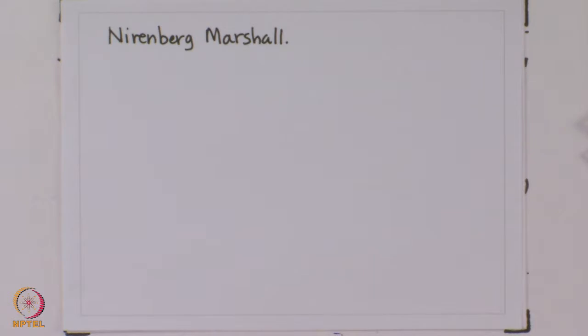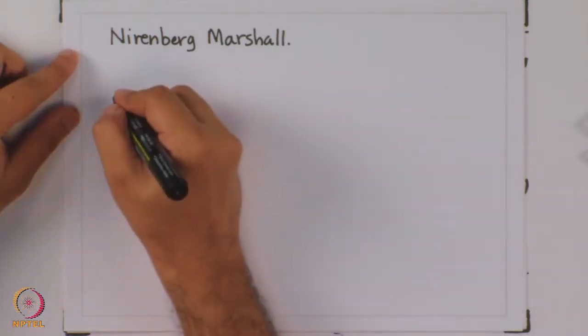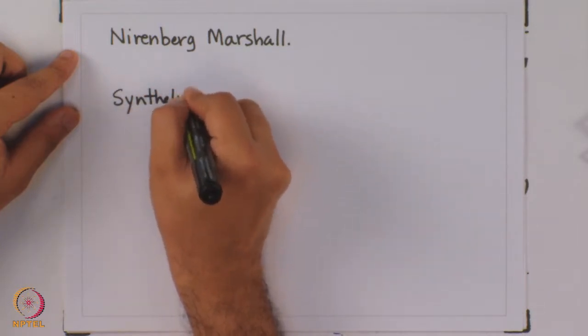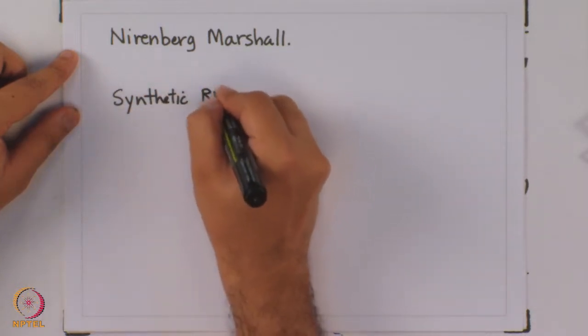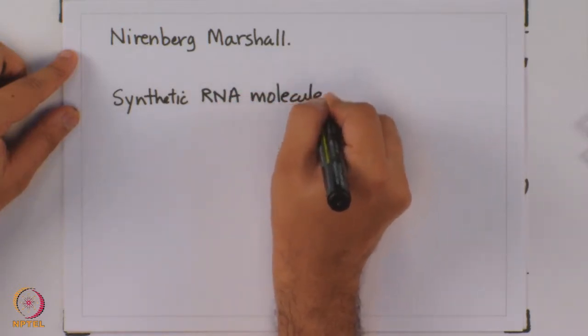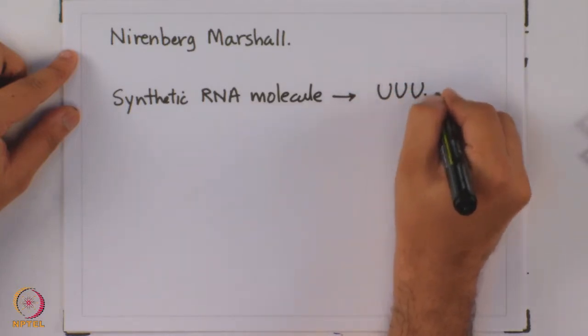And the story goes that there was a biochemical conference in 1961 in Moscow, and Marshall had done a synthetic experiment where he had synthesized a synthetic RNA molecule. This synthetic RNA molecule was special in that it only comprised of U's.